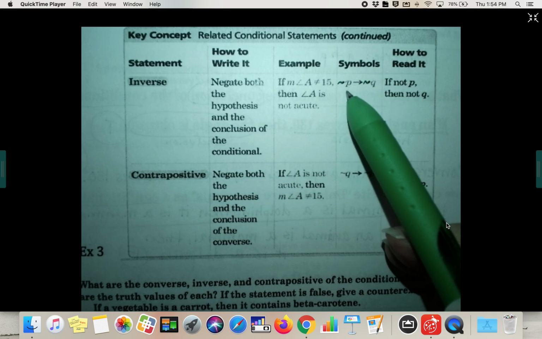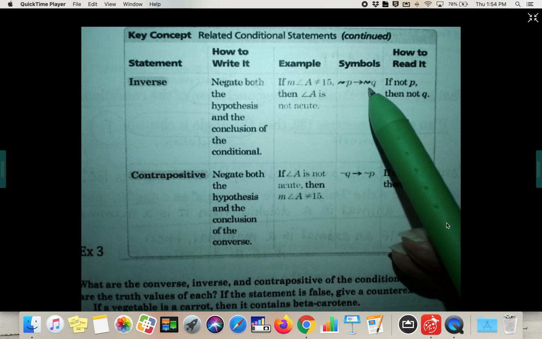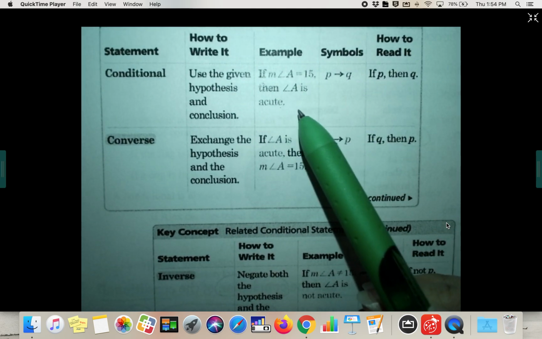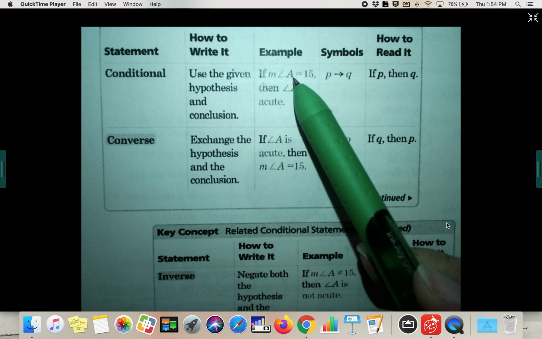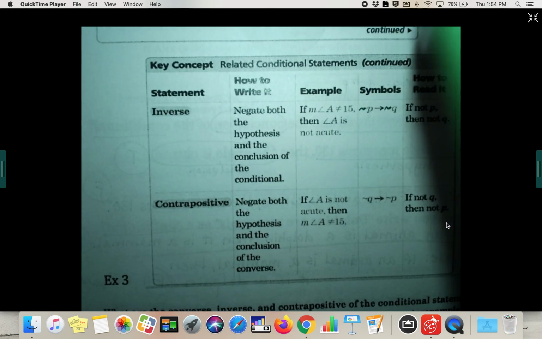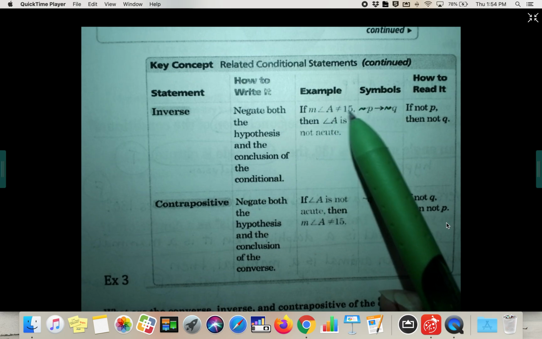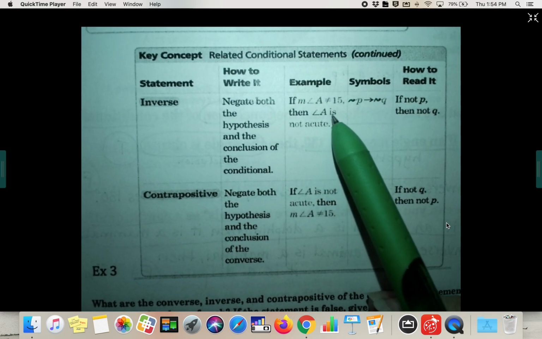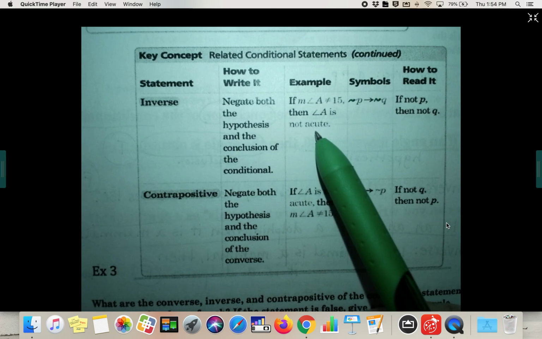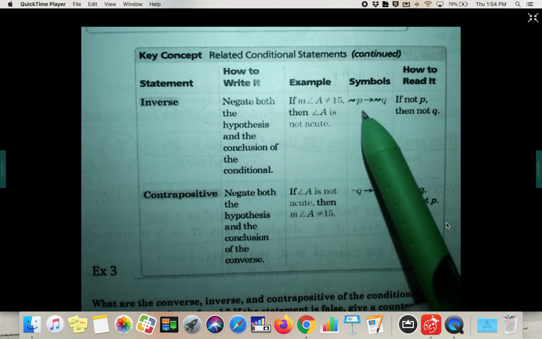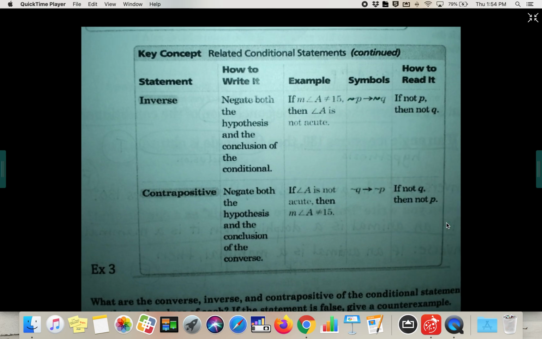So if not P, then not Q. Based on the example above, we're just going to throw the word not in front of it. If the measure of angle A does not equal 15, then angle A is not acute. We threw a negative word in front of both, but they still went in the same order.